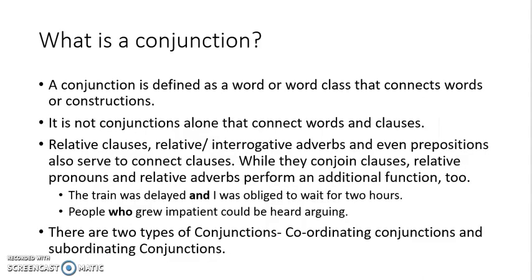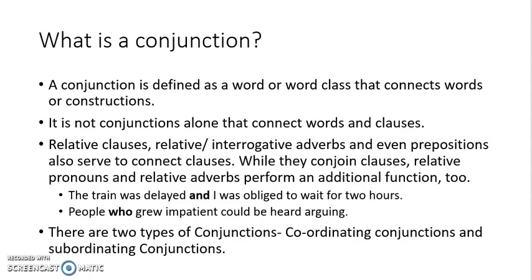So we all know that conjunctions are the words or phrases which are used to connect two sentences or two phrases or two clauses. They are basically used to connect words or word constructions.